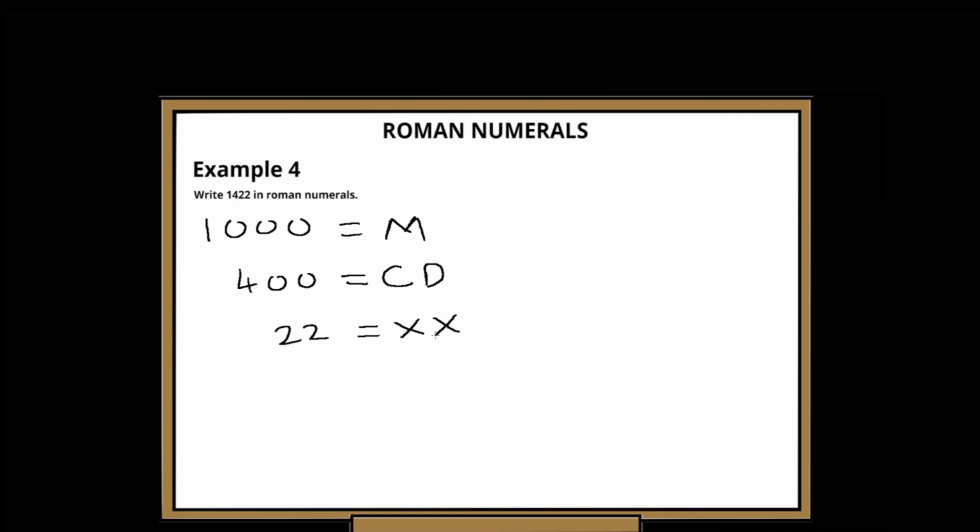Remember, your 20 is XX. And then II together is 22. So all together we have MCDXXII.